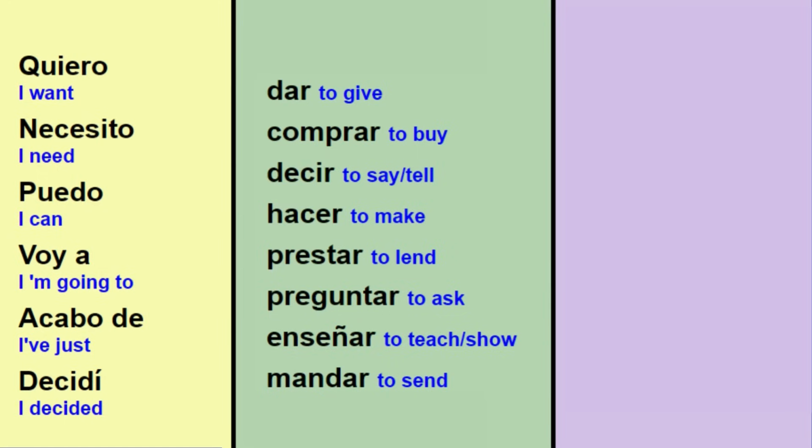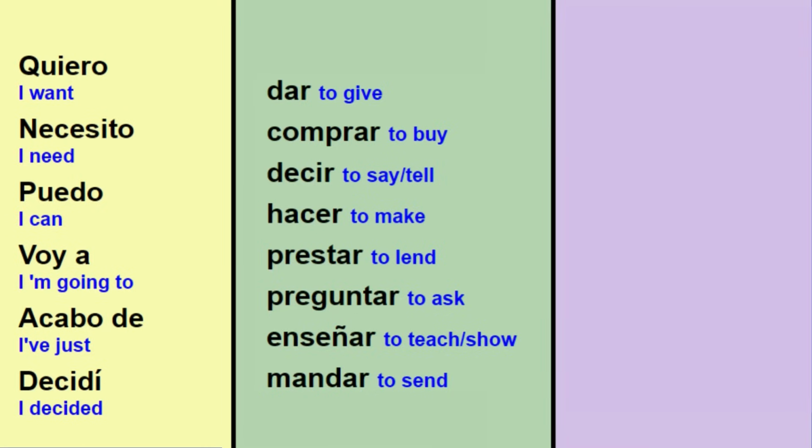Okay, let's go on to another pair. So, puedo, I can. And voy a, I'm going to. How would you say, I can buy you? And we'll finish off that kind of sentence later, but let's just try, I can buy you. What would that be?